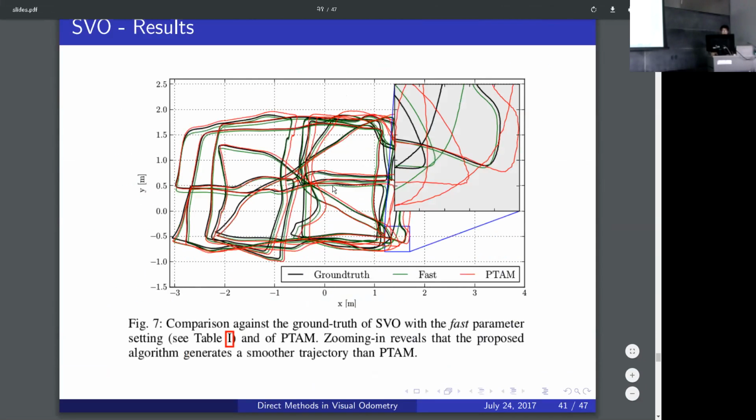So in terms of results, they basically flew a quadrotor in a sort of grid and a figure of 8 manner, and they compared it against PTAM. And from the plots, you can see that SVO is relatively close to the ground truth as opposed to PTAM.